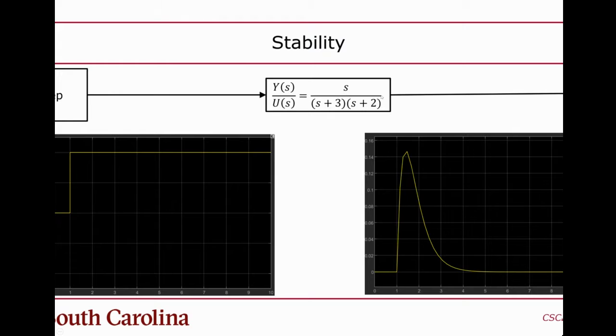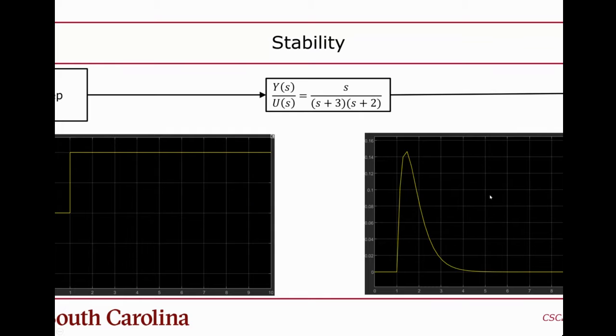But now I'm just giving the original S domain function, which I just made up. It was an arbitrary function, but I plugged this in as my transfer function, and then I hit it with a step. I put a scope on the input and a scope on the output of the transfer function. You can see that the transfer function goes up and then comes back down and stabilizes.